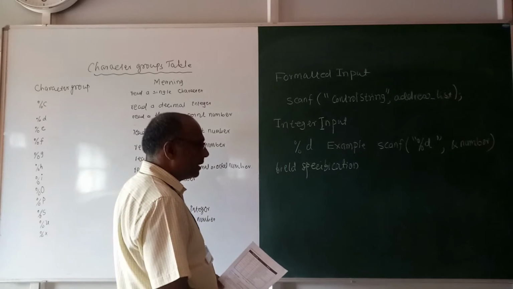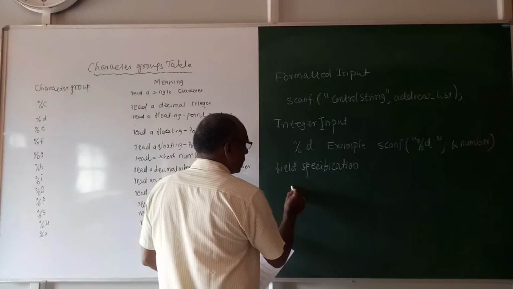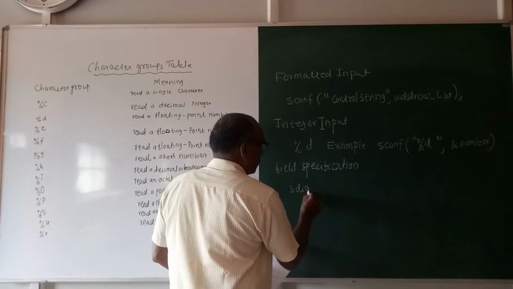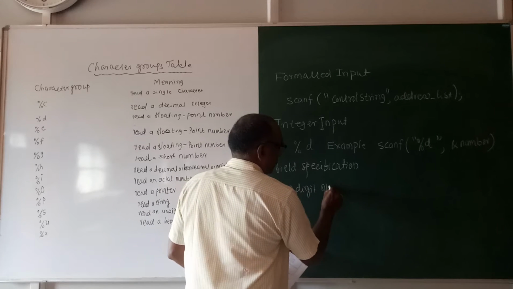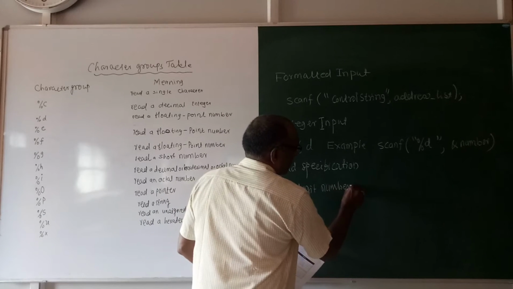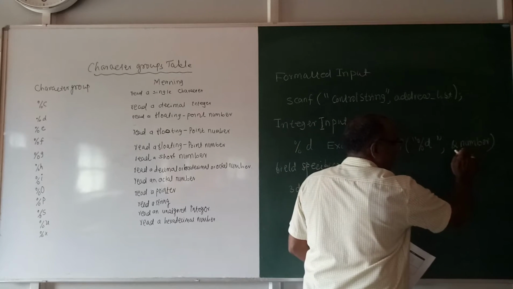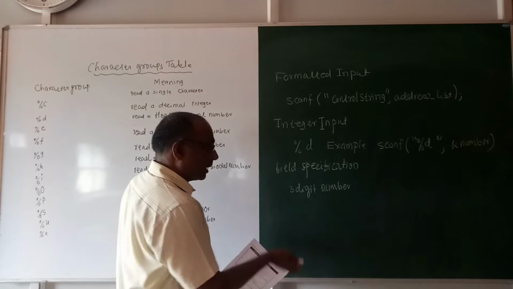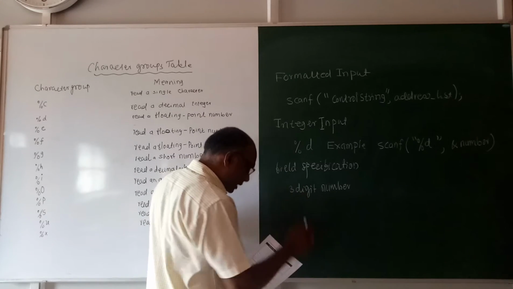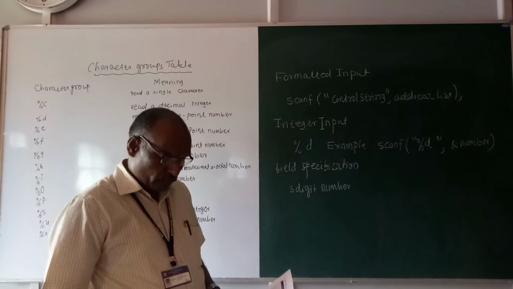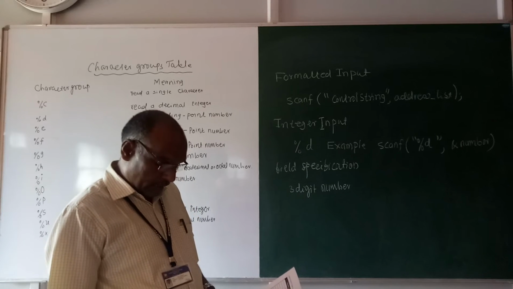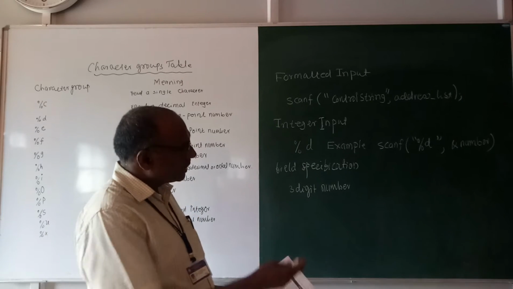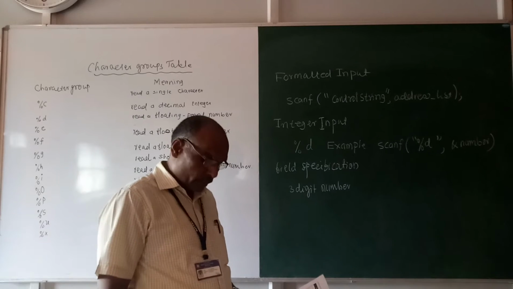Suppose you are reading a 3-digit number. Already we have reserved the memory for this variable, that is number, and I am writing the 3-digit number for the variable number, or you can change the name of the variable.